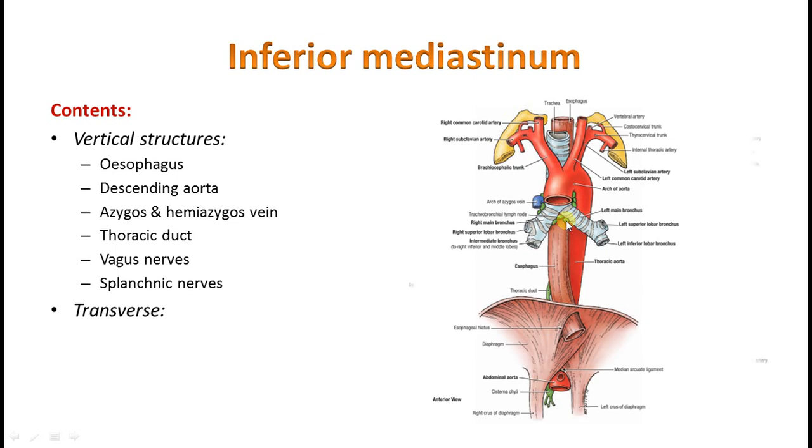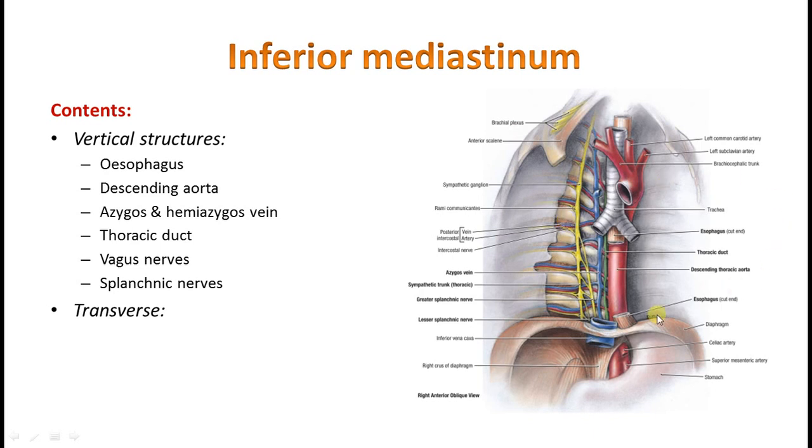Now coming to the transverse structures. Mainly you see the posterior intercostal veins and posterior intercostal arteries. Longitudinal structures, azygos vein: it was not there in the last picture, now you are able to see the azygos vein.